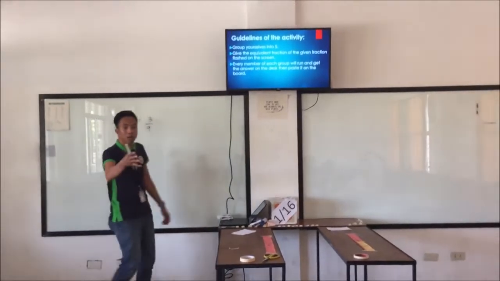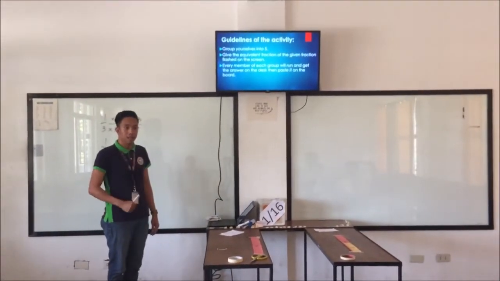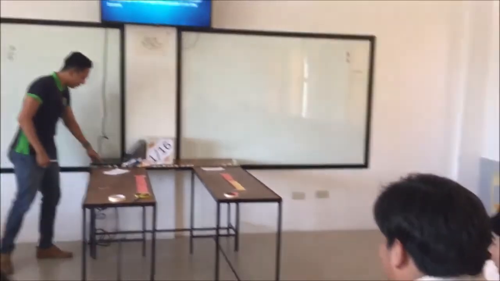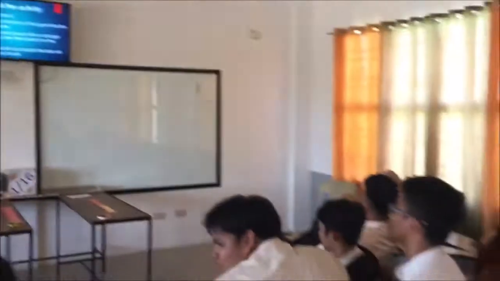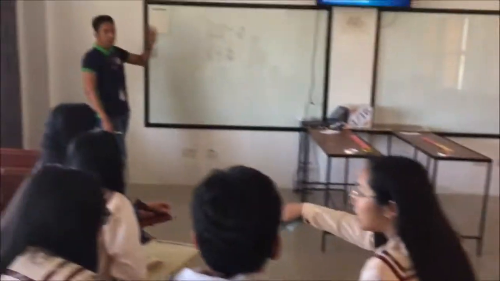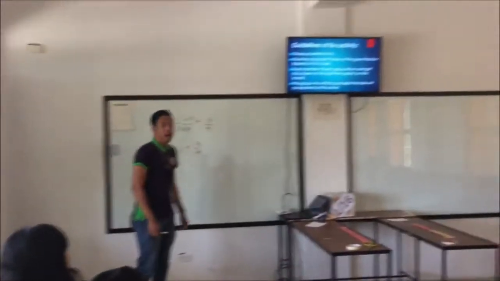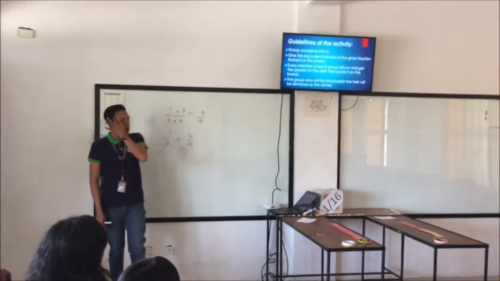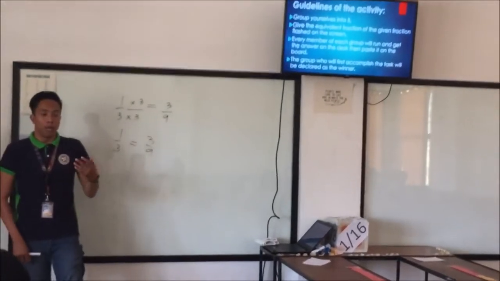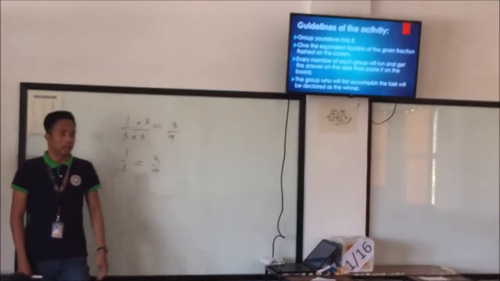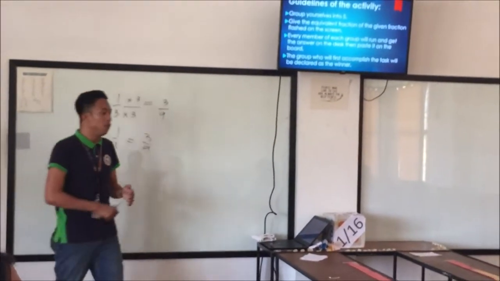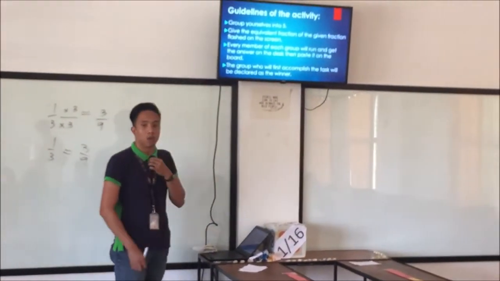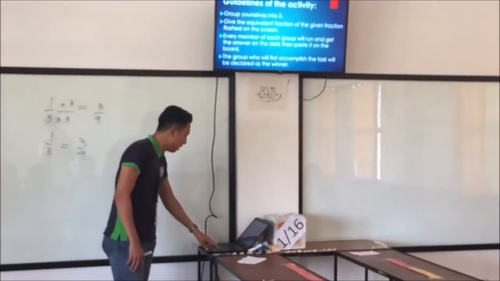Okay, understood? The group who will first accomplish the task will be declared as the winner. Also, I will give another 5 points to the group who will win this activity. And then later on, in your last activity, which is the quiz, we will add your scores on the past activities.